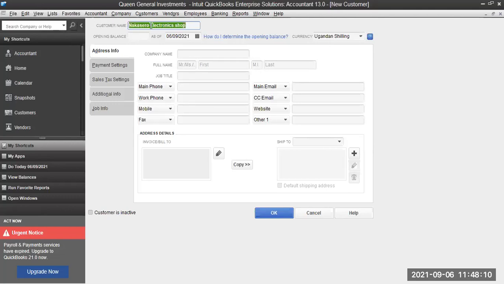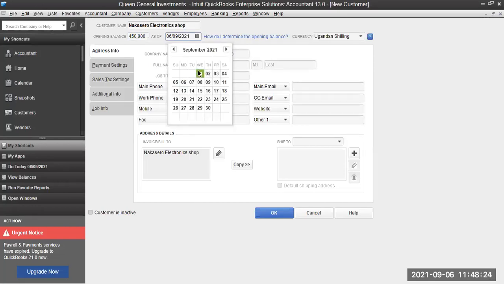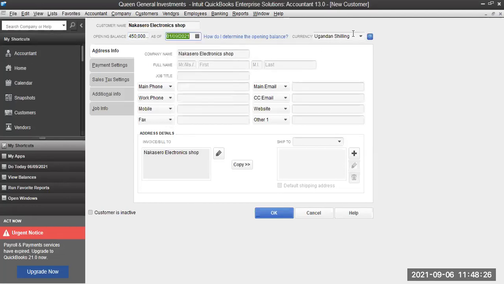We copy it and paste it under the company. Then the opening balance is 450,000 as of 1st September. And he's paying us in UG shillings. Then you can say okay.